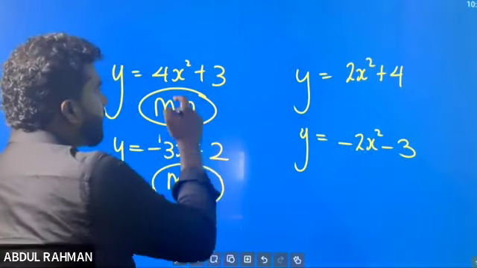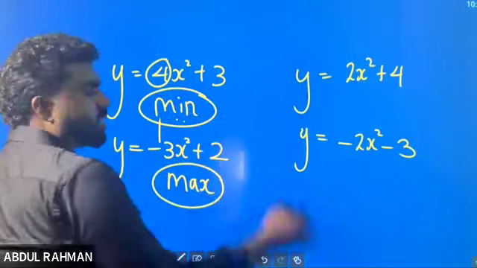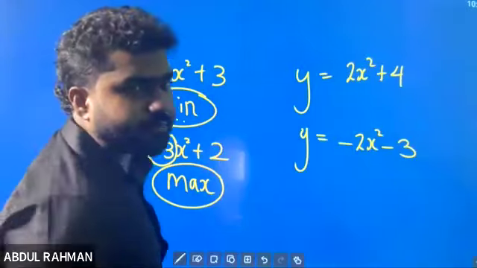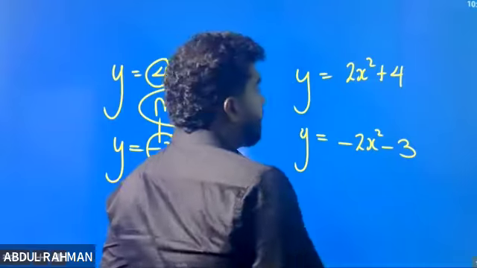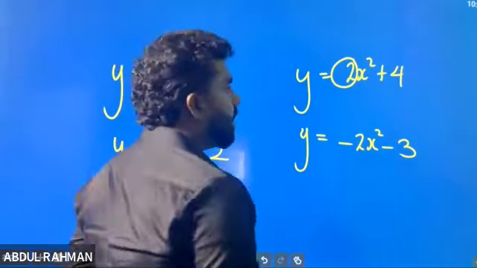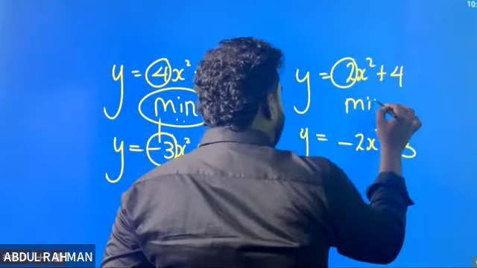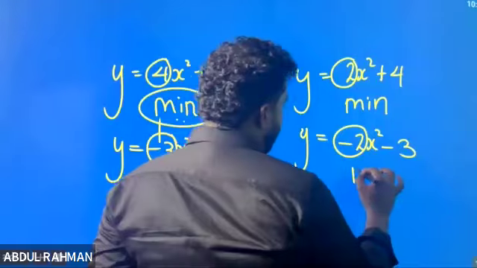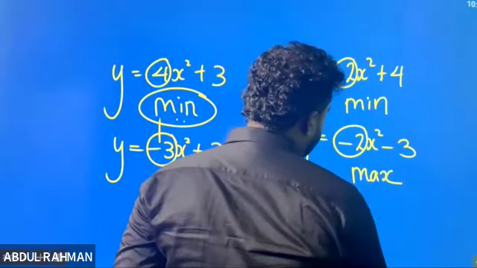You guys confirm that this is a maximum graph. Why is it a minimum graph? The coefficient is positive. Why is it a maximum graph? The coefficient is negative. Coming to this graph, is it a minimum or a maximum? It's a minimum graph. This graph is what graph? A maximum graph.